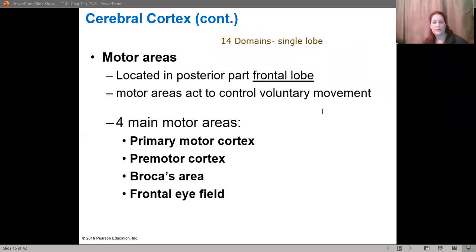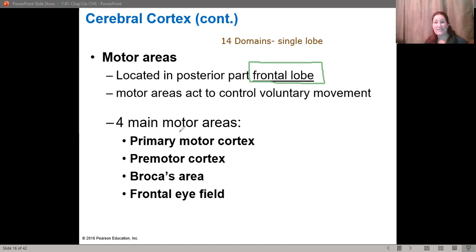We are going to start off with looking at the main motor areas. So the main motor areas are all located in the frontal lobe. So we have 4 domains located in the frontal lobe: the primary motor cortex, the premotor cortex, Broca's area, and the frontal eye field.